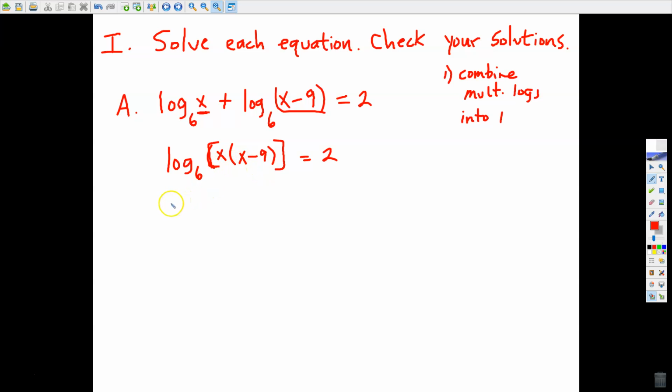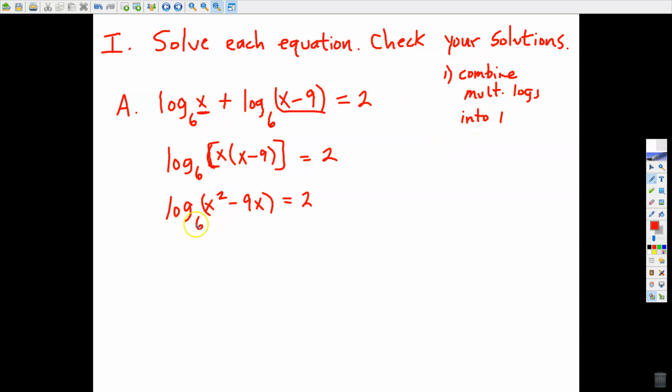This is the product property. Now I'm going to distribute: log base 6 of x squared minus 9x equals 2.